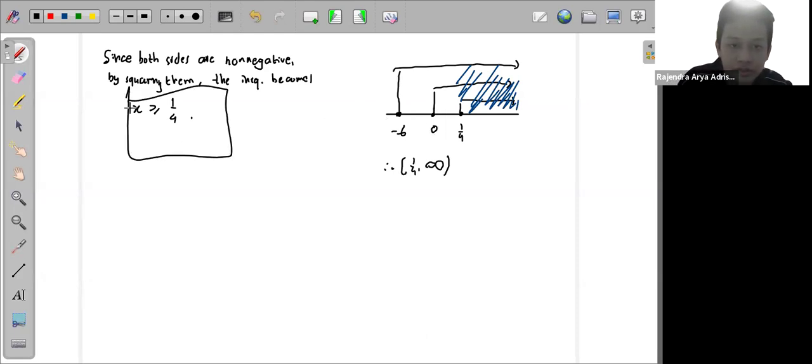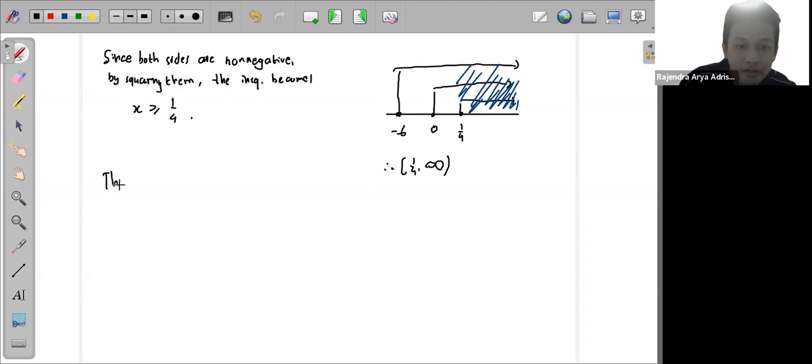So don't stop here. Okay, that's the solution. Final solution is x greater than or equal to one fourth.